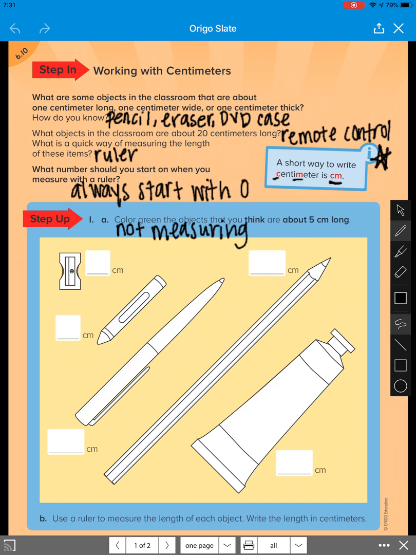So I'm going to go ahead and go through, and I am going to mark out anything that I think is going to be over. So I really do think that the pencil is going to be way over, so I'm going to put an X by it. And then one thing I think might be 5 centimeters is this crayon.